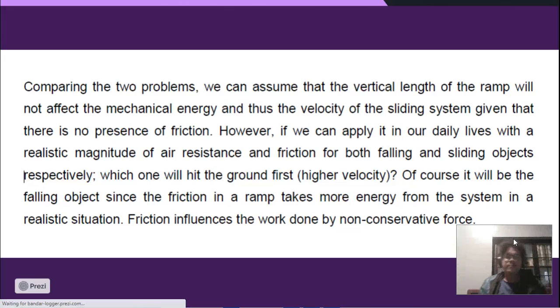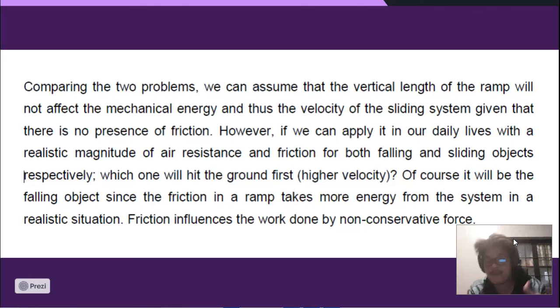However, in a realistic matter, we can say that the falling object will fall first, syempre pababa, mag-fall first talaga siya, di ba? However, it will always be faster when it falls, kasi there is less air resistance in falling at a realistic height.